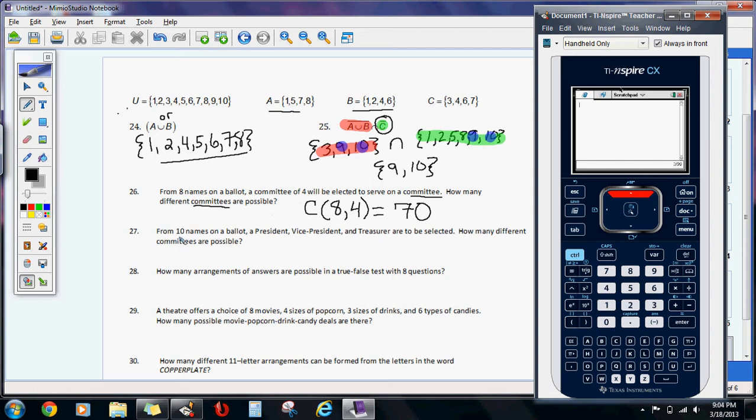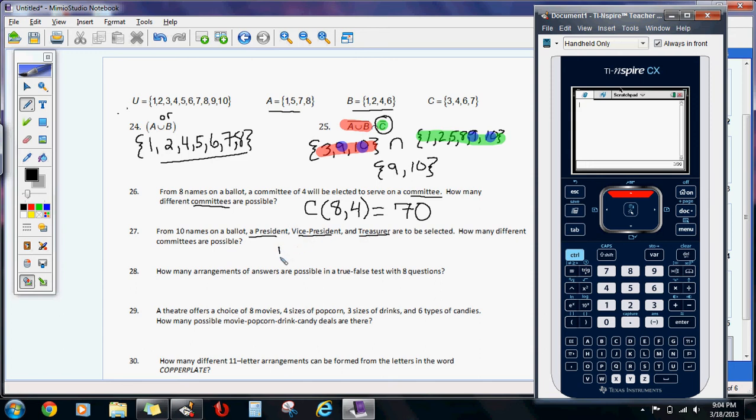Now number 27, different question. You got to notice this. From 10 names on a ballot, we have a president, vice president, and treasurer. It is definitely different to be the president than to be the vice president. If you pick 3 kids, you can actually come up with different possible situations. One kid could be president, one could be vice, treasurer, and you can move those all around.